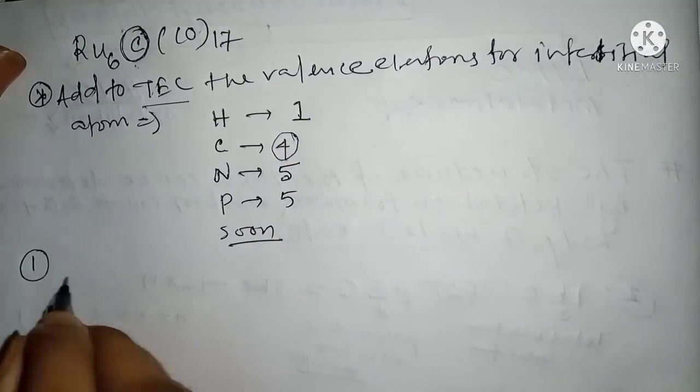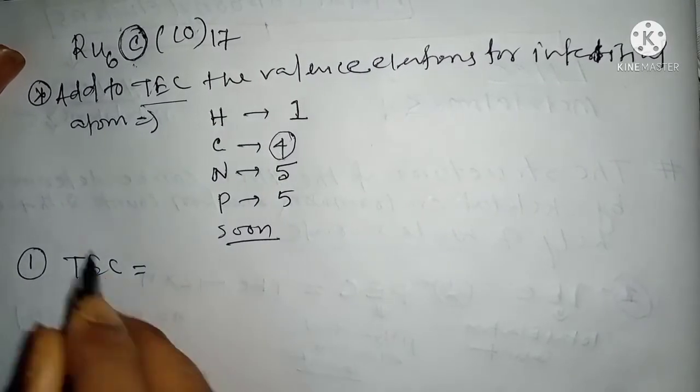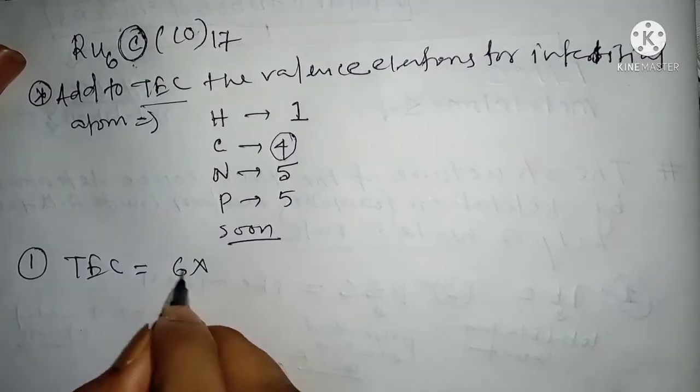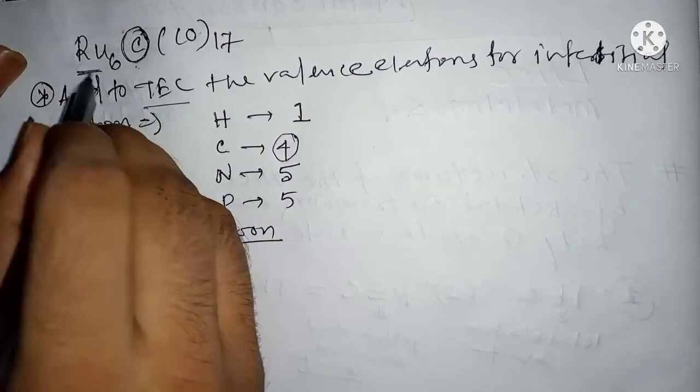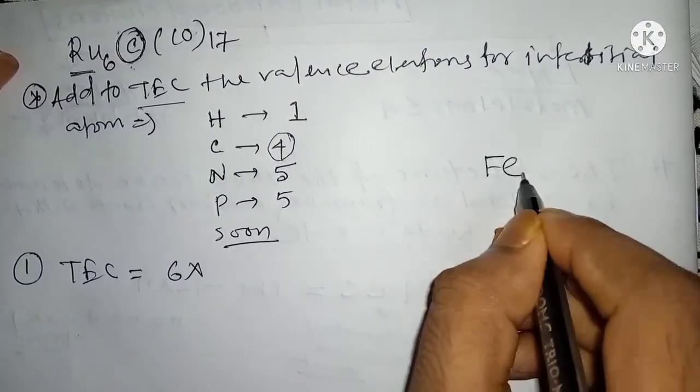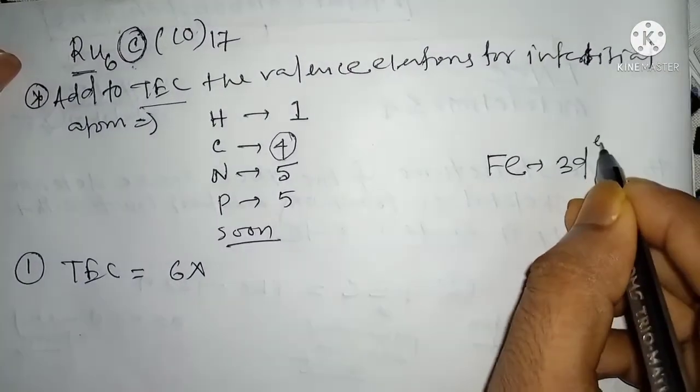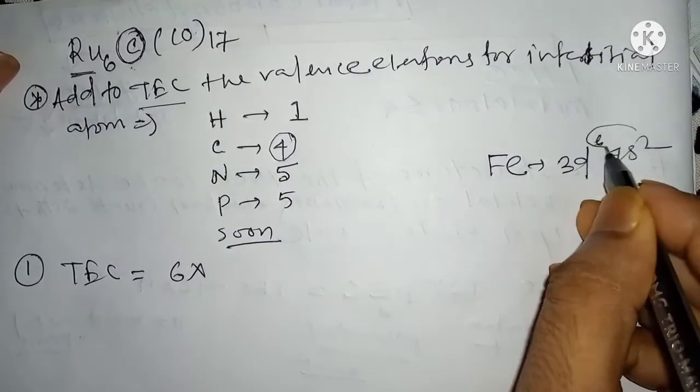So first calculate the total electron count. This is ruthenium, the iron family, 3d6 4s2, so total valence electrons 8.